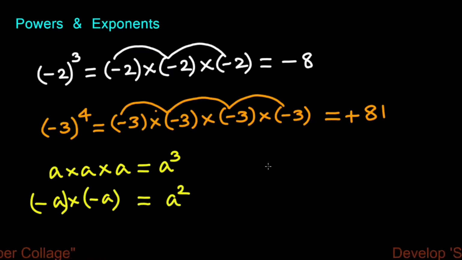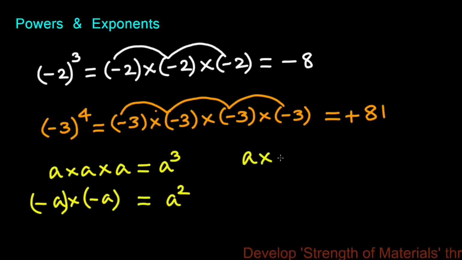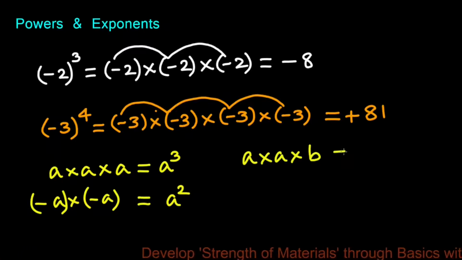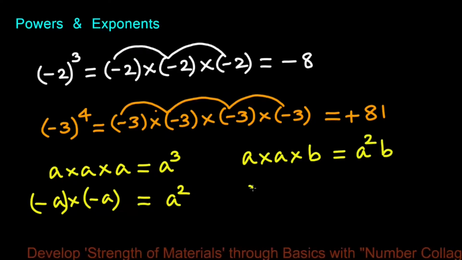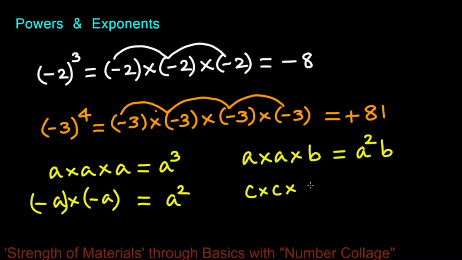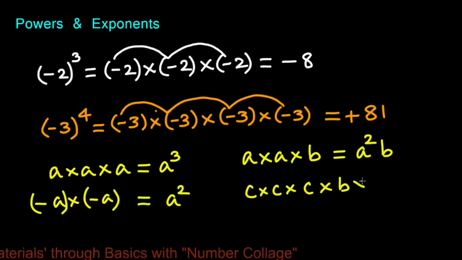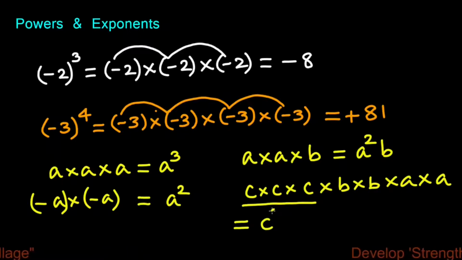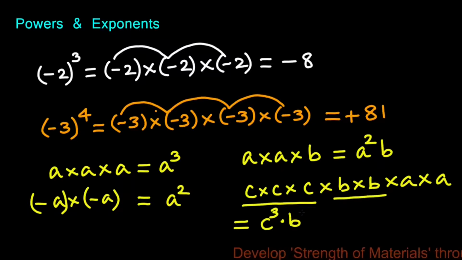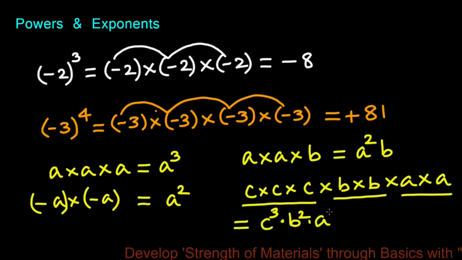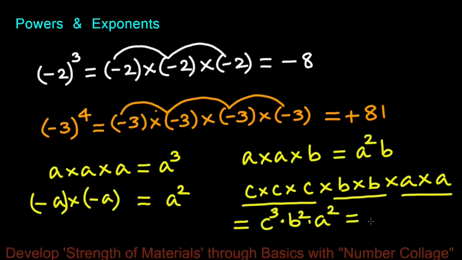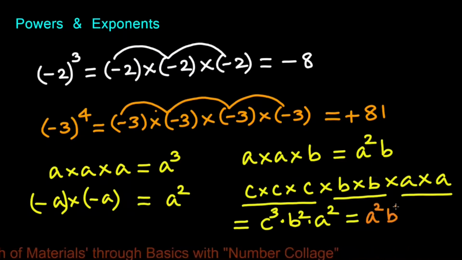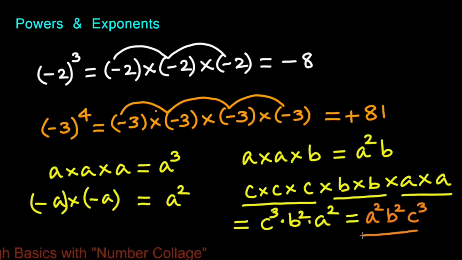We can take any other integer b also or c also and write a multiplied by a multiplied by b as a squared b, or c multiplied by c multiplied by c multiplied by b multiplied by b multiplied by a multiplied by a, as this will be c cubed, this will be b squared and this will be a squared. So we can write it as a squared, b squared, c cubed in alphabetical order.